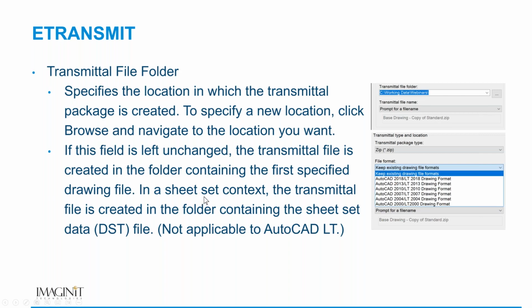In a sheet set context, the transmittal file is created in the folder containing the sheet set DST file. This is not applicable to AutoCAD LT. Just know that AutoCAD LT doesn't do eTransmit with sheet sets. But if you just open up a sheet set, you can eTransmit that sheet set and it will create this here. If you don't prompt for a file name or a file folder, it will create it where the DST is.